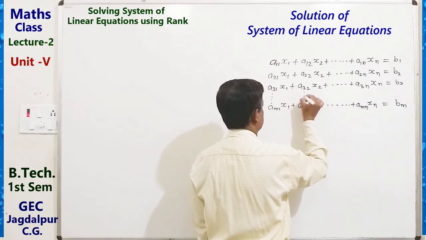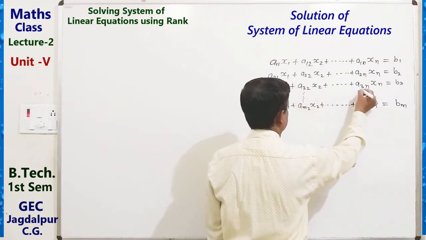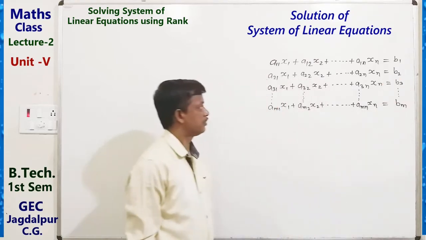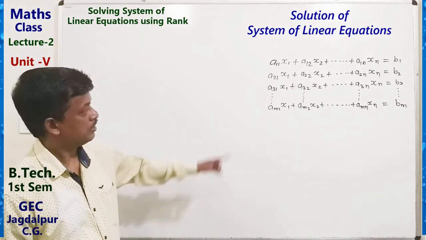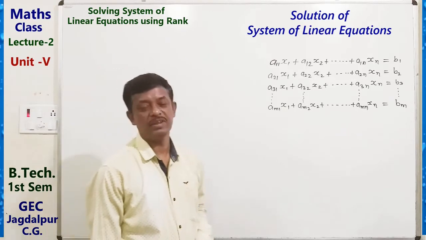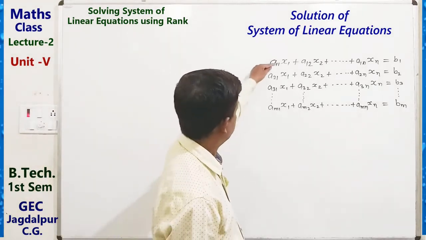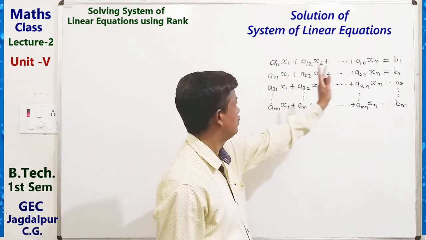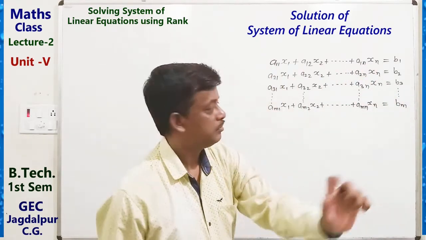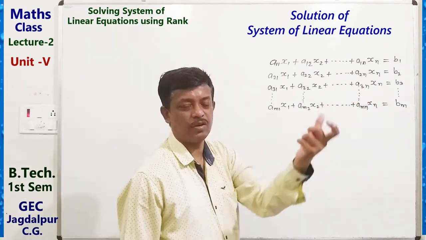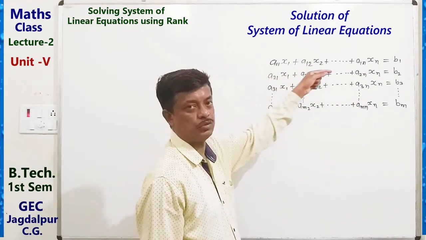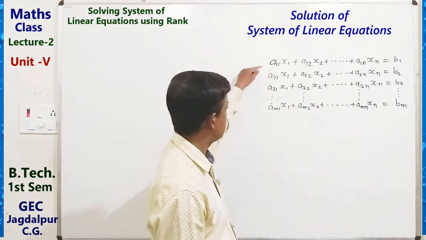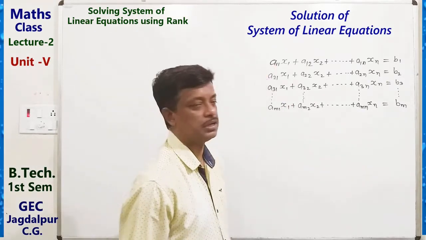Okay. The system has m equations, 1, 2, 3, 4 up to m, and n unknowns, 1, 2, 3, 4 up to n. These are the n coefficients in the first equation, in the second, in the third, and so on, named like this.